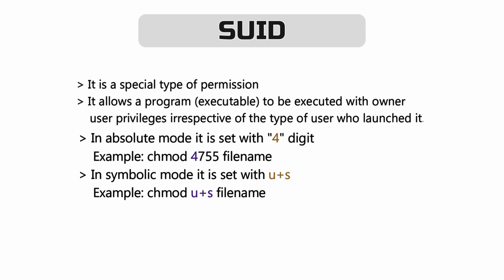In absolute mode, it is denoted with digit 4 in addition to the basic permission, and in symbolic mode, it is given with u+s.